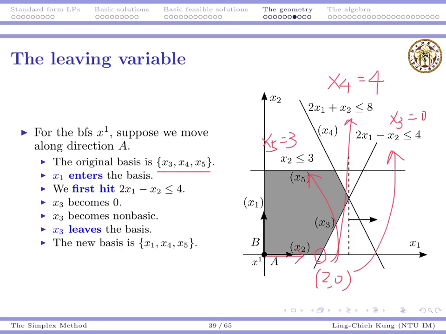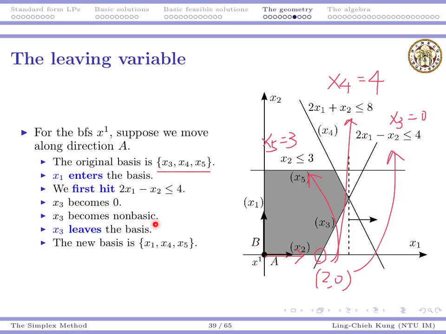That means for the other two constraints, there is a gap between the current solution and these constraints. Geometrically, this constraint is binding at the point, but the other two are not. So we know we hit this constraint first because x3 becomes 0 before x4 and x5.